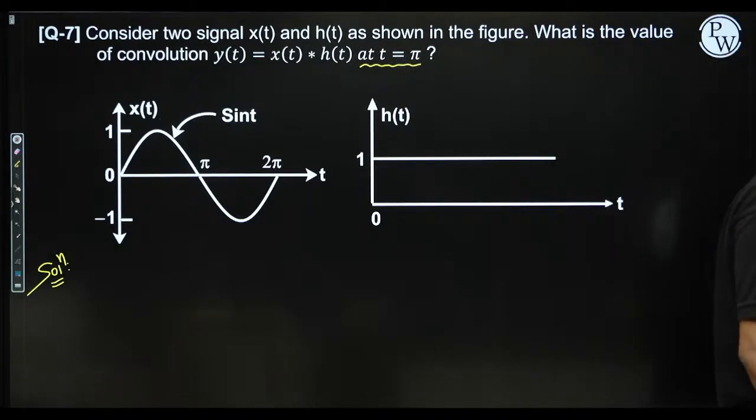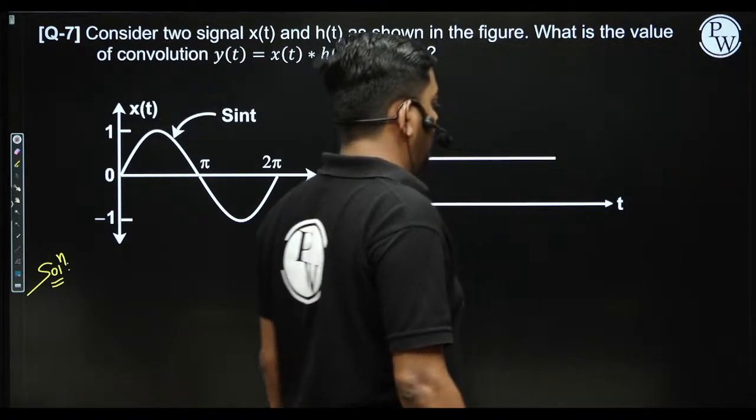Tell me what the answer should be for this numerical answer type question. -1. Okay, Tinjan Reddy is saying -1. Differentiation property, yes, that also you can use.